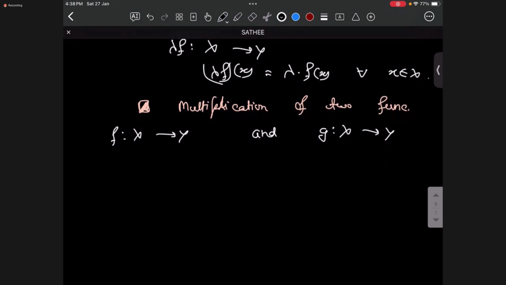But in all these cases, the domain set must be the same. So how can we define this?